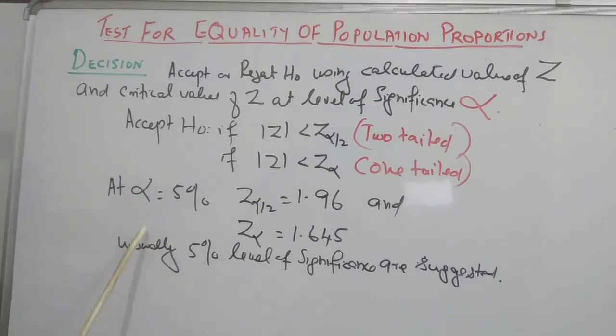At alpha equal to 5%, Z alpha by 2 is 1.96 and Z alpha is 1.645. Usually, we use the 5% level of significance, and these values are available from the area property of the standard normal distribution, which has been tabulated. This is the statistical procedure of testing equality of two population proportions of attributes.